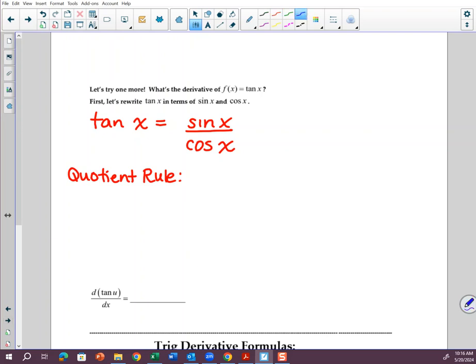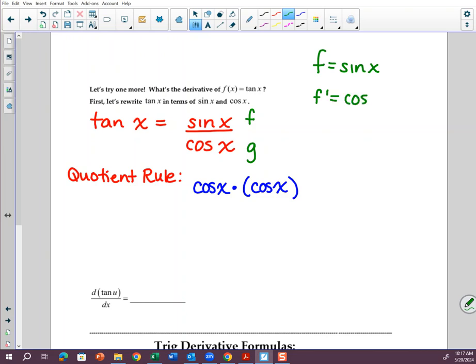If I decide to take the derivative of this sine over cosine using the quotient rule, here I go. I'll take my denominator times the derivative of my numerator. Right, so this is f and this is g. If f is sine, f prime would be cosine. If g is cosine, g prime would be negative sine.